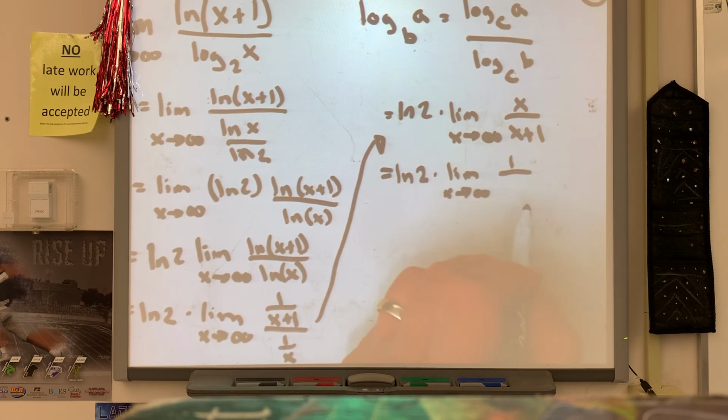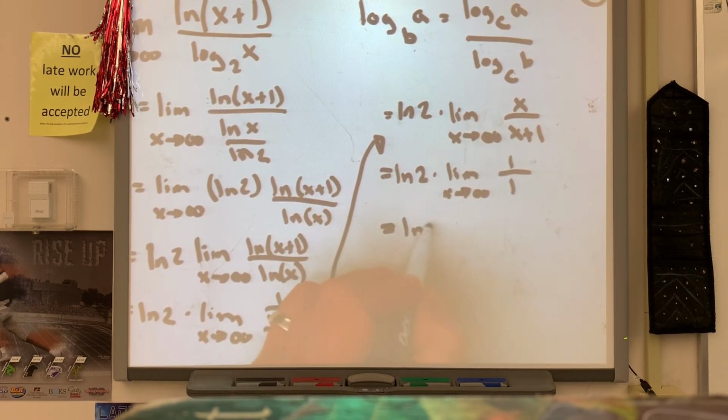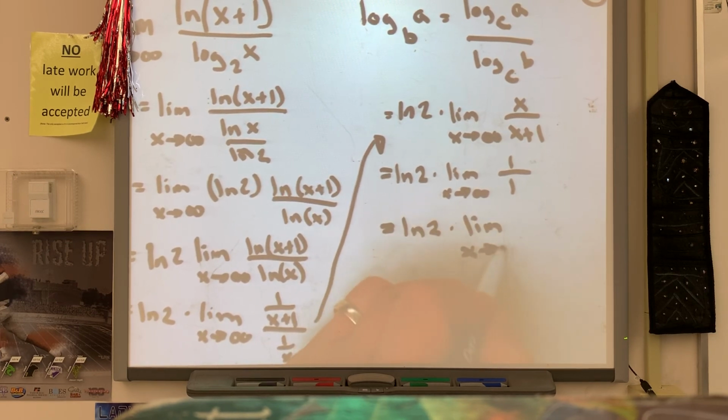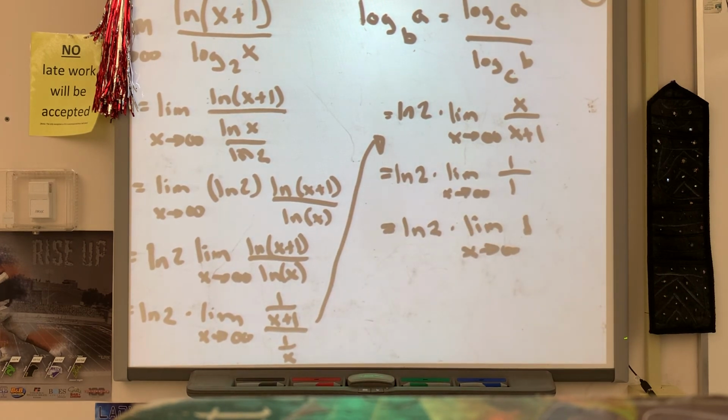What's the derivative of that denominator? 1. So this is the natural log of 2 times the limit as x approaches infinity of 1. Well, 1 is a constant function, so it's not dependent on x, it's always going to be 1. So it sure looks like this is just the natural log of 2 times 1, or the natural log of 2.